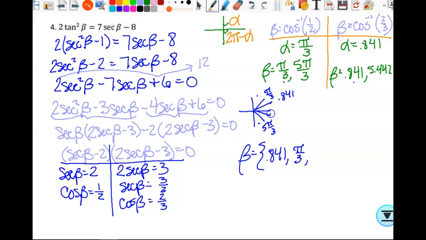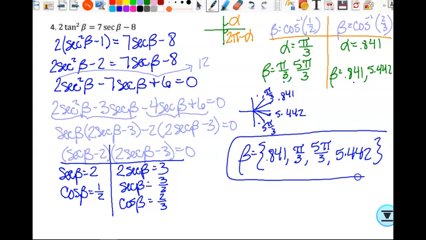After that, because this would reflect down here and this would reflect here, right? So this would be my 5.442 right there, just based on what we know about the circle. Make sense? So then the next is 5 pi thirds, and then 5.442. And again, I know you could have typed in the decimals and seen which was greater or least, but I want you to just be able to think about those things as well.